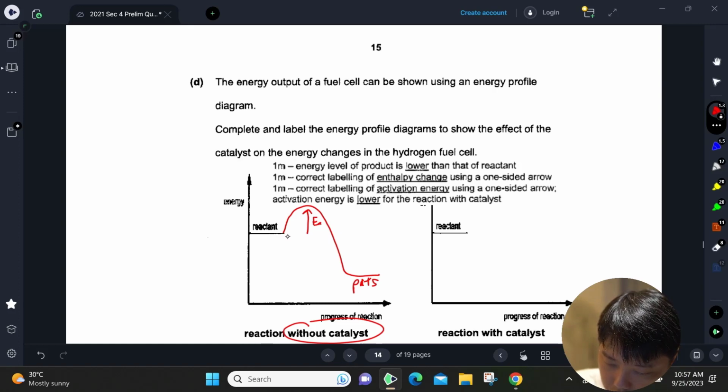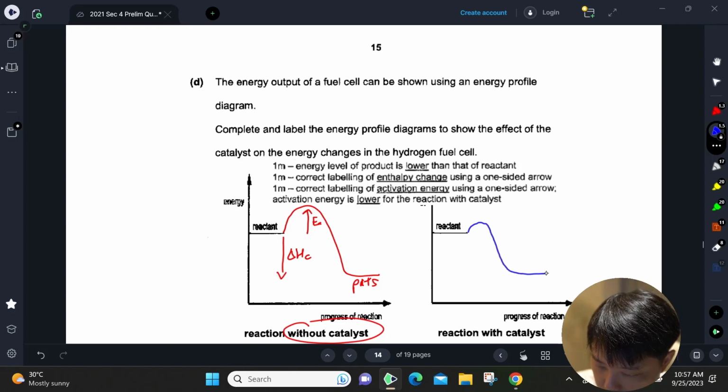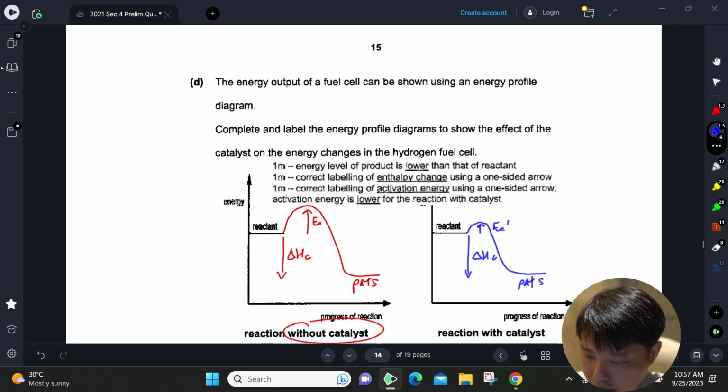And then from here down is your delta H combustion. Same thing we're going to draw for the catalyzed reaction, but the EA is much lower. Products, same delta H combustion. This is your EA prime, for the catalyzed reaction.